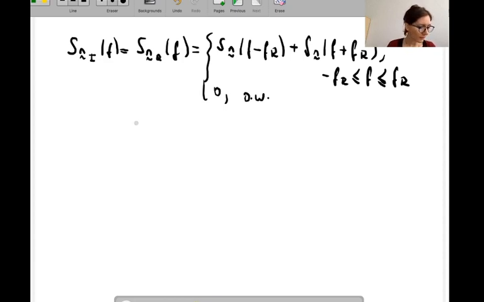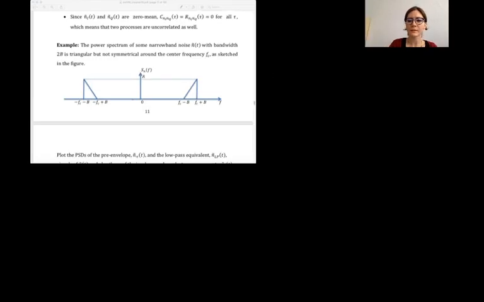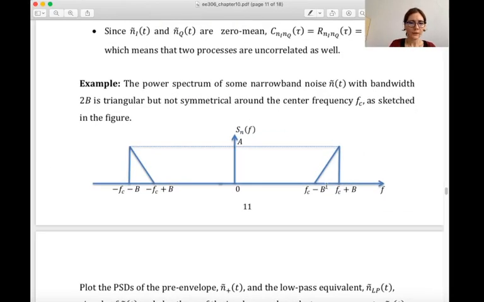So let's plot this. I'll first make a drawing by just shifting these right and left parts to around 0. So Sn of f minus Fr, let's see. So this is Sn of f. If you shift this to the right, then you obtain Sn of f minus Fr.